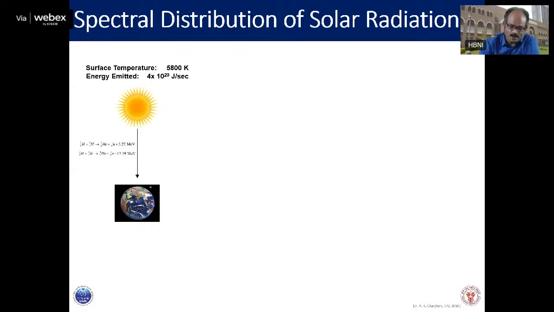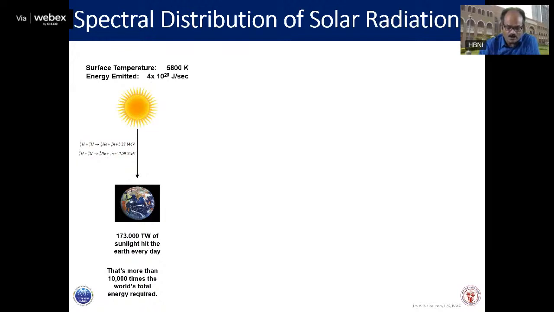Now Earth is very far from the sun, and only half of the Earth is exposed to the sun at one time. So if we calculate, we see 1,73,000 terawatt of sunlight hits the Earth every day.